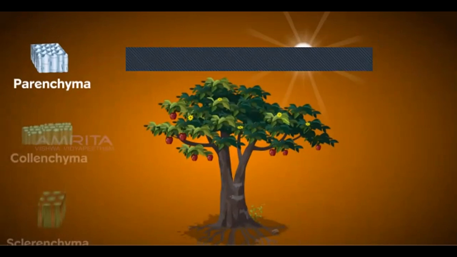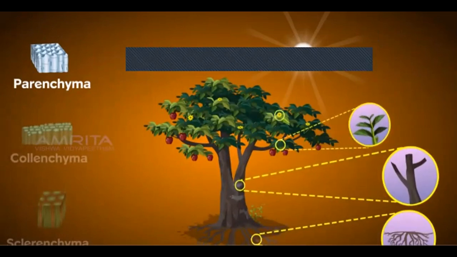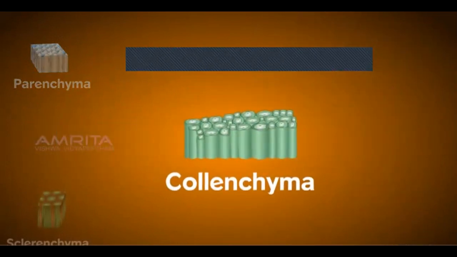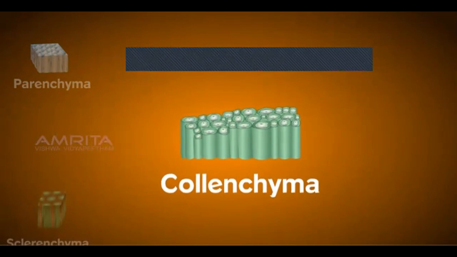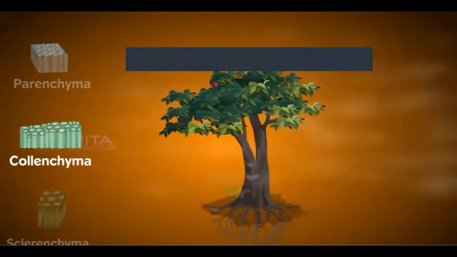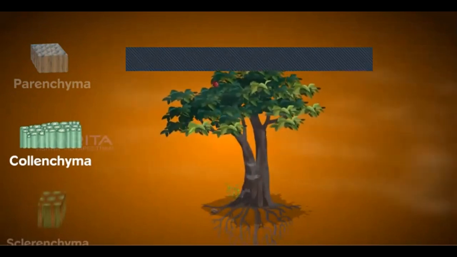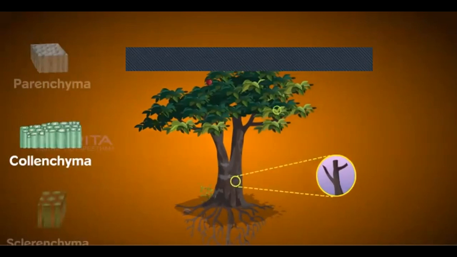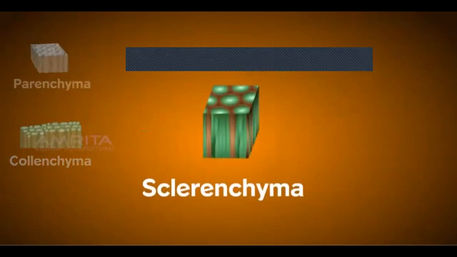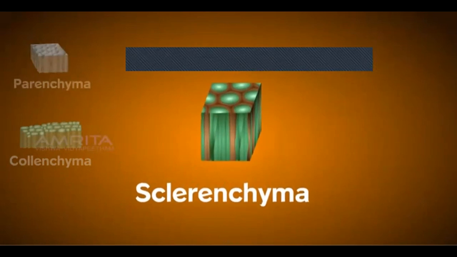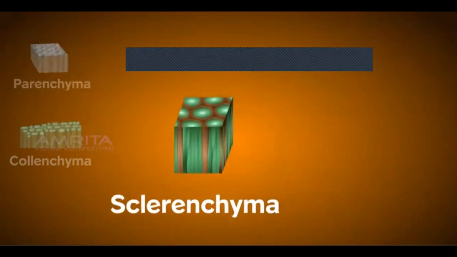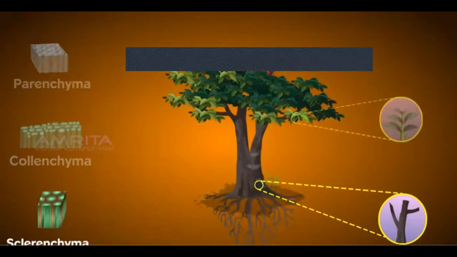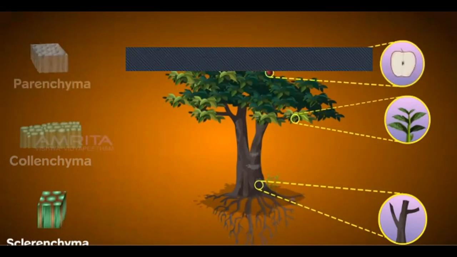They are composed of living cells found in roots, stems, leaves, and flowers. The collenchyma tissues are composed of living, elongated cells. They provide elasticity, mechanical support, and tensile strength to the plant body. They are found mainly in the cortex of stems and leaves. The sclerenchyma tissues are dead cells having extremely thick cell walls containing lignin. They protect the plants. This tissue is present in stems, leaves, and in the hard covering of seeds and nuts.